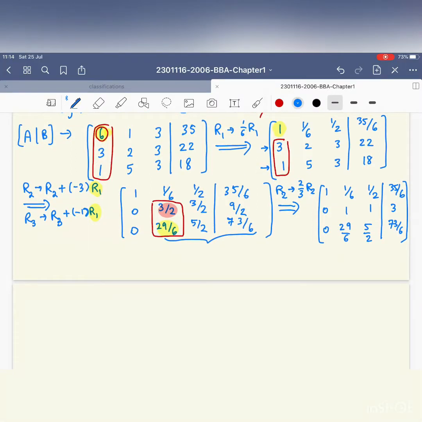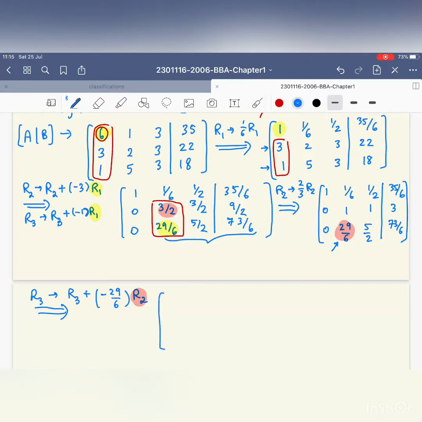And what we are going to get rid of is only this one. So the only thing that you need to calculate is your R3, which is your R3 with negative 29 over 6, the negative of the number that you need to eliminate, multiplied with your R2. So here the concentration is on your R2.